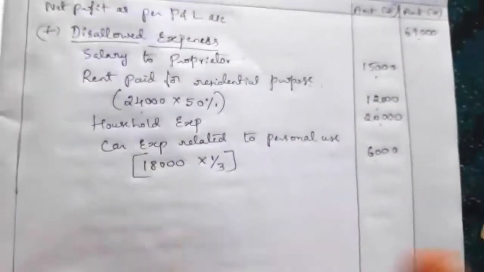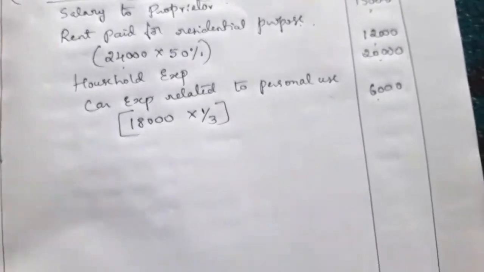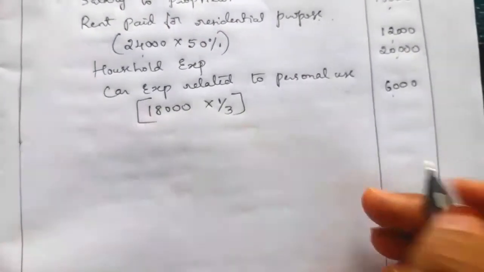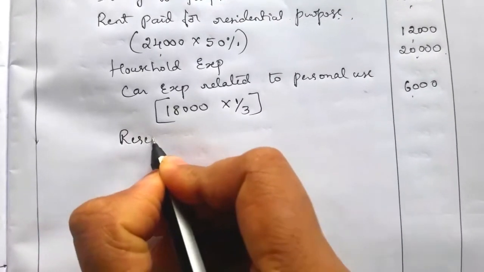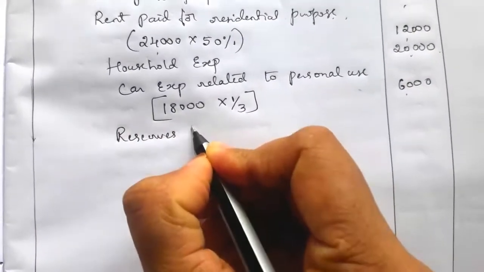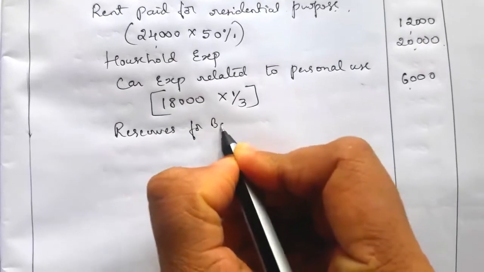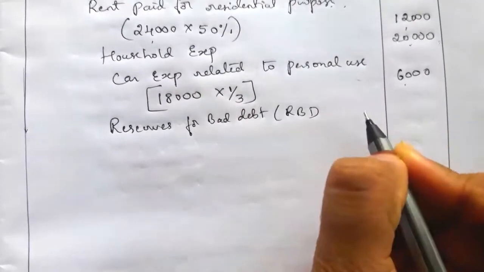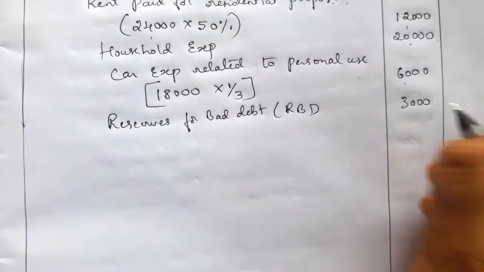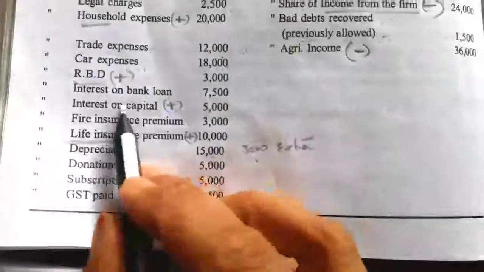Reserves kept for future losses are disallowed. So all the RBD, reserve for bad debts, is disallowed. The amount is 3,000.